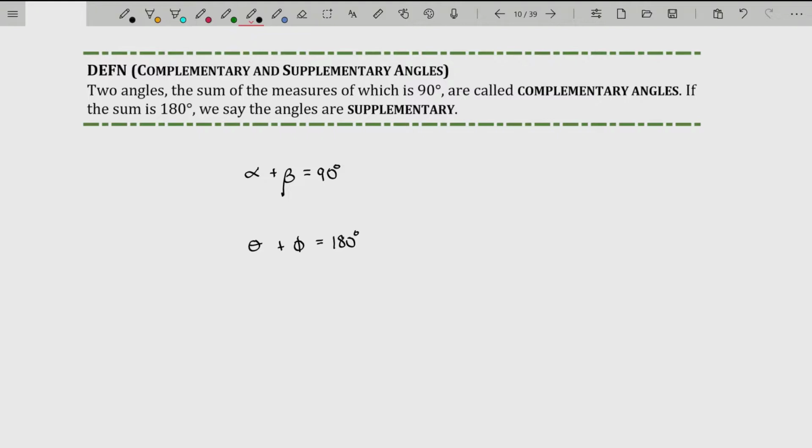Two non-negative angles, the sum of measures of which is 90 degrees, are called complementary angles. Same thing for supplementary. It's not really going to get in the way of doing trigonometry if your instructor defines them differently. It's just that that's the definition most people would agree upon, that you're dealing with positive angles. Mainly because you deal with complementary and supplementary in geometry, and the idea of negative measure for an angle is a bit weird.